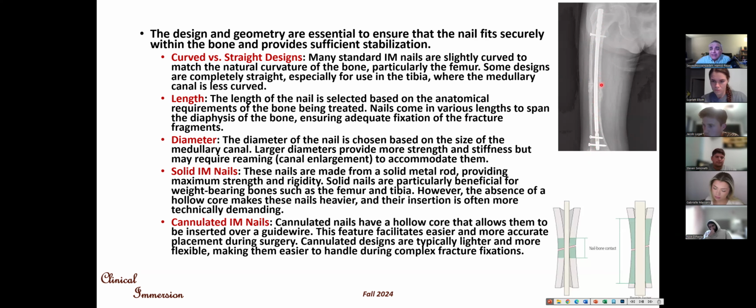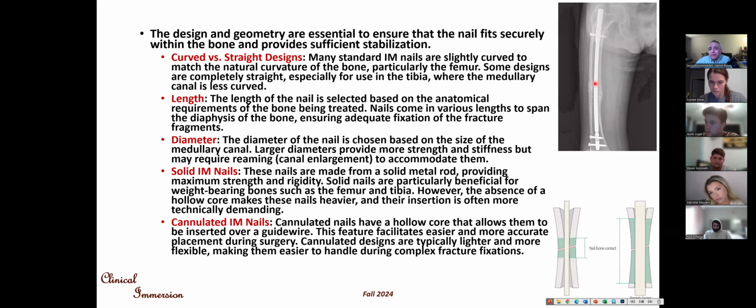But some nails are shorter because we don't need to cover the whole canal. For example, if the fracture is here, we don't need to pass the nail up to the distal part and fix it here. If we pass the nail about 2 or 3 inches past the fracture site, the length of nail is enough.